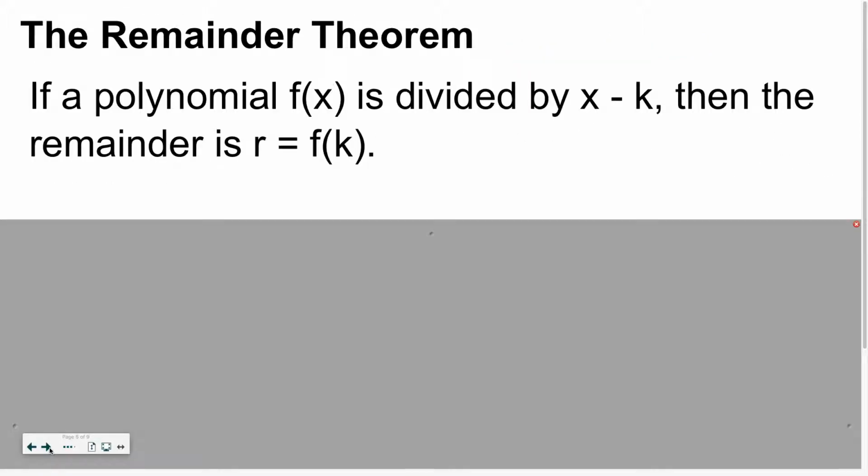Make sure you write this down. If a polynomial f of x is divided by x minus k, then the remainder is r equals f of k. We're going to be putting in different things for k.